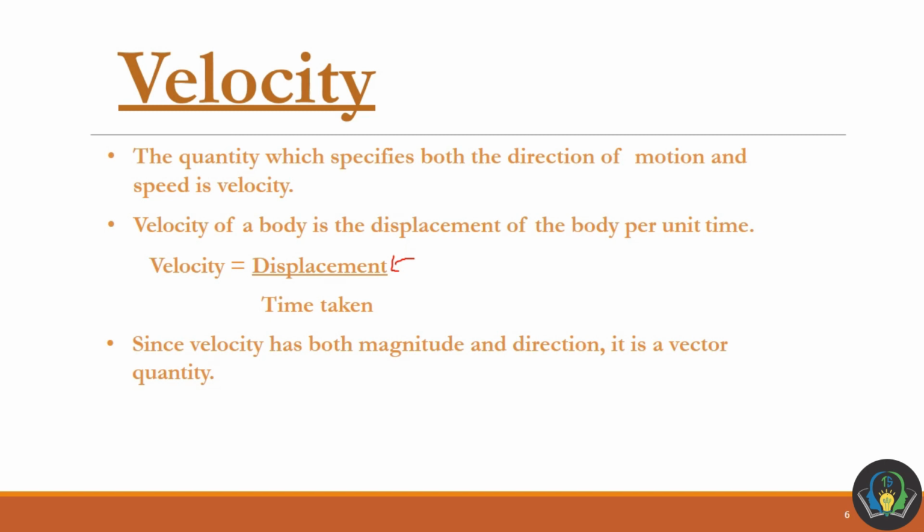So in velocity displacement is there, hence velocity will be a vector quantity. It has magnitude as well as direction. So if I want to say that I travel 10 meter east in 2 seconds, then that's how we can calculate velocity, where the 10 meters will be our displacement divided by time, which was 2 seconds as an example, and which will give us the answer as 5 meter per second.